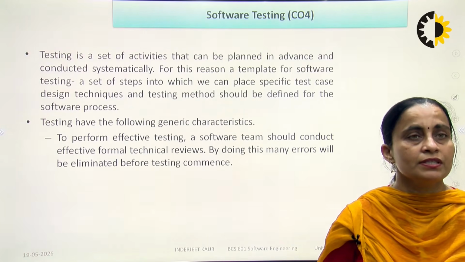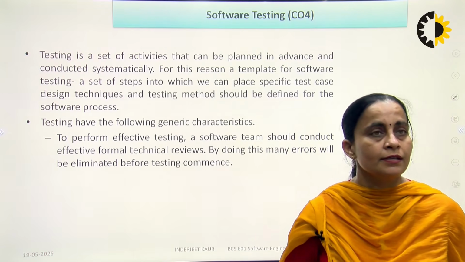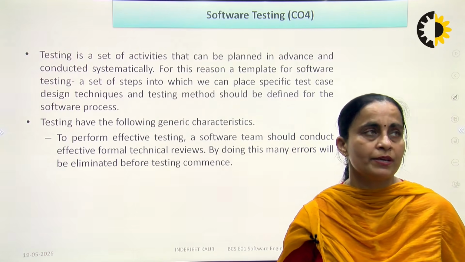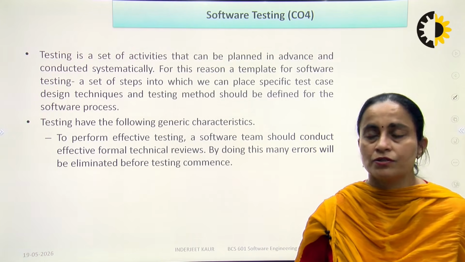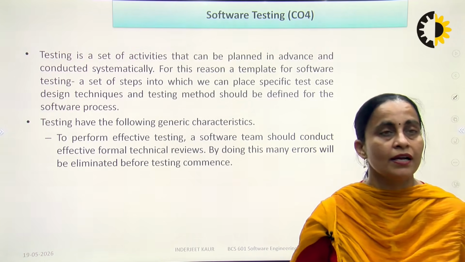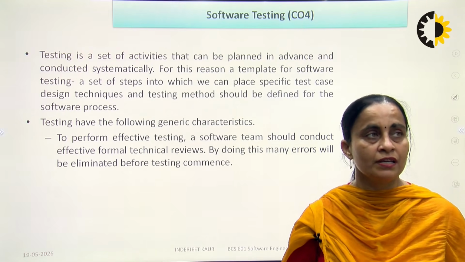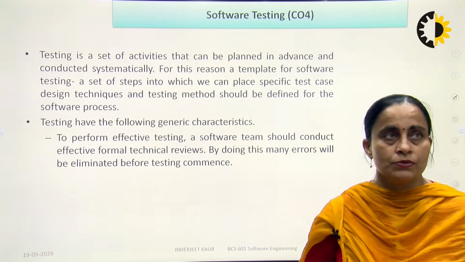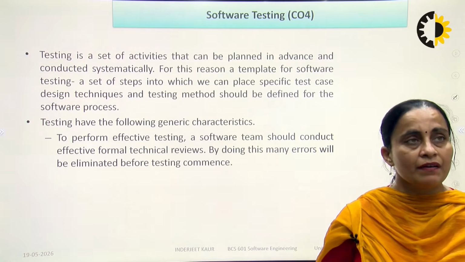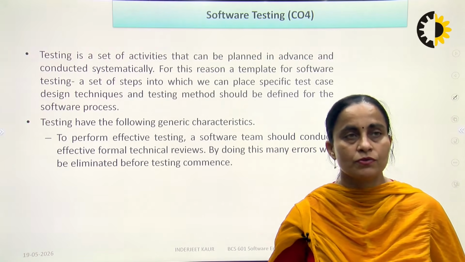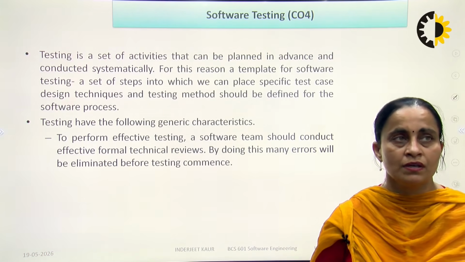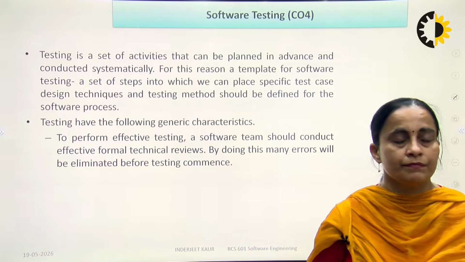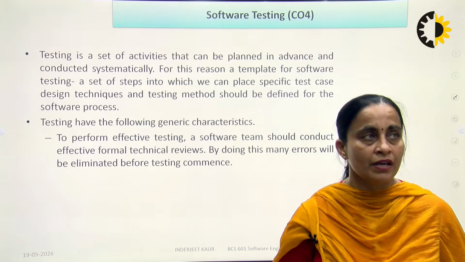So if we say what is testing, it is related to CO4 basically. We can say it is a set of activities that should be planned in advance and they should be performed very systematically. So I may have a template for performing the software testing, a series of steps that will be done in a particular way.